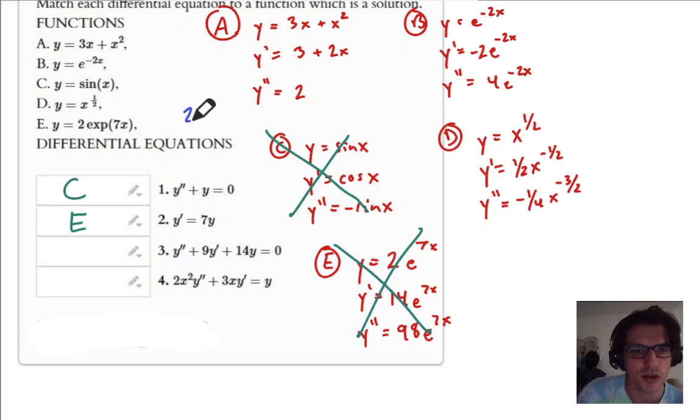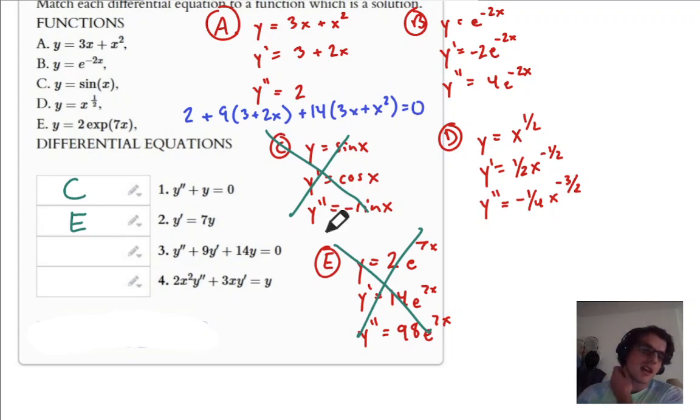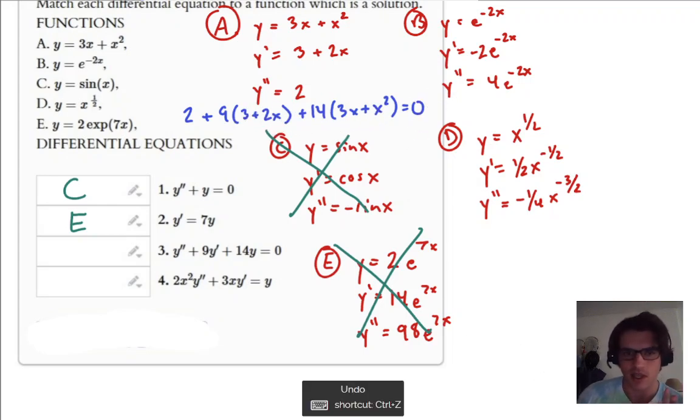So y double prime is 2 plus 9, 3 plus 2x plus 14y, 3x plus x squared equals 0. Something to notice, we're not going to be able to cancel these x terms because we're adding. Everything is positive. We're adding everything, so there's no way this is going to equal 0. So it's definitely not A.